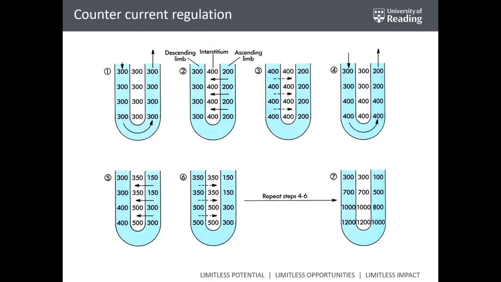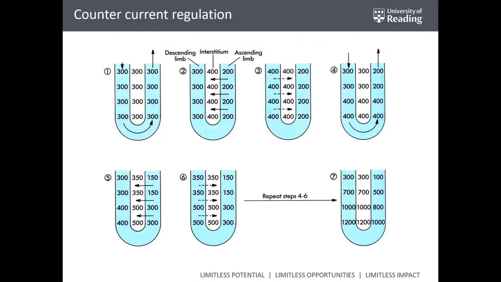Now, to compensate for that, water will move from the descending limb into the interstitium. And by moving from the filtrate in the descending limb into the interstitium, the concentration of solute in the descending limb will increase.